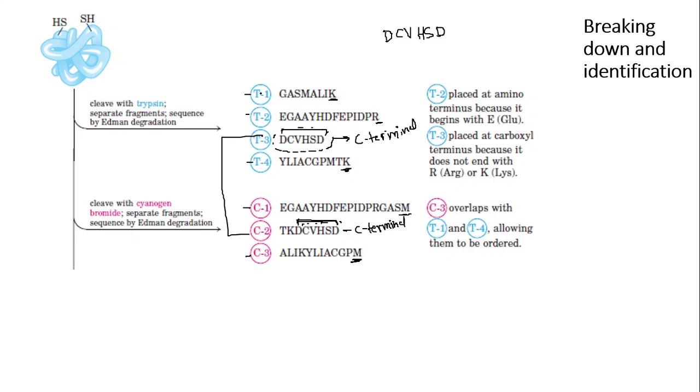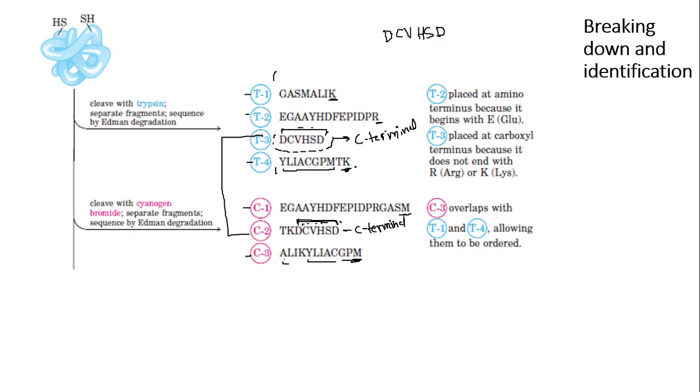So the C3, which is right here, has a sequence overlap with the T1 and the T4. Let me show you how that is. If you look at this part, YLIACGPM, right? So this is right here.